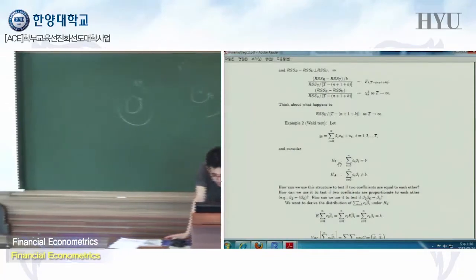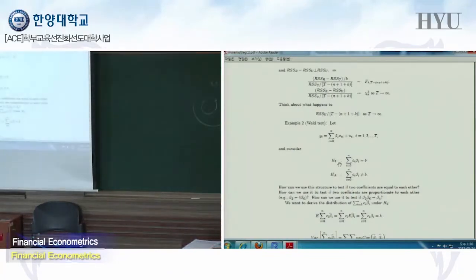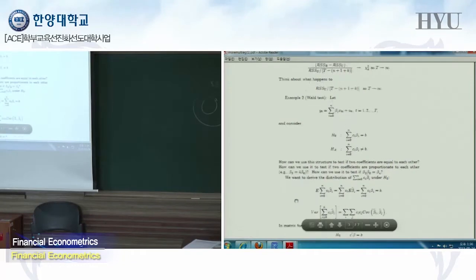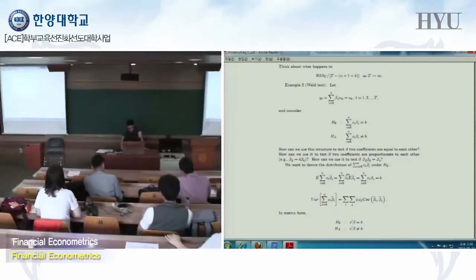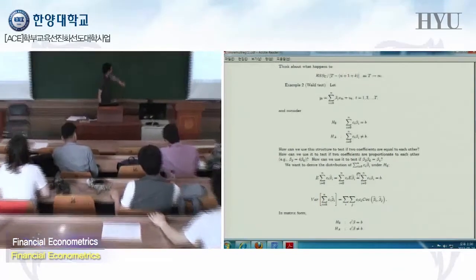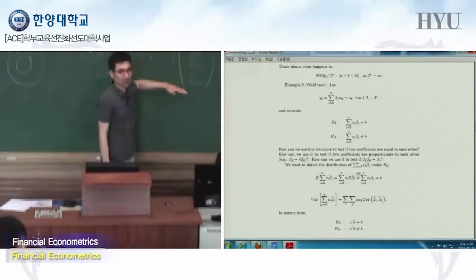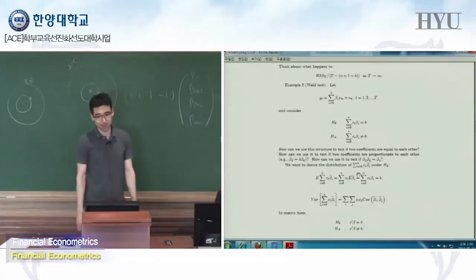How can you use it to test whether the two coefficients are proportional to each other? This one is slightly more difficult. Anyway, we want to derive the distribution of this one under the null hypothesis.